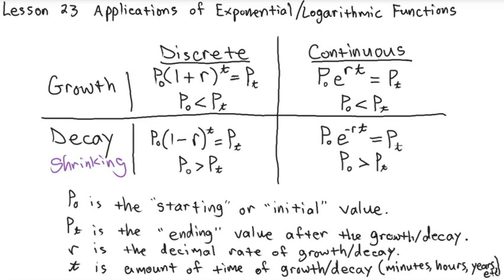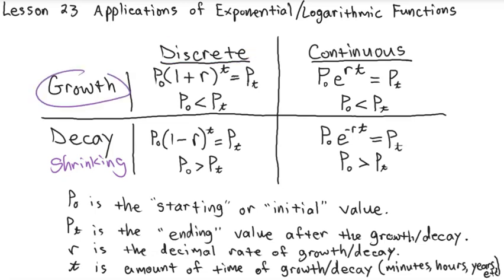So basically we have four kinds of exponential functions. We have discrete growth, discrete decay, continuous growth, and continuous decay. And so these four formulas represent these four different kinds of exponential growth or decay.